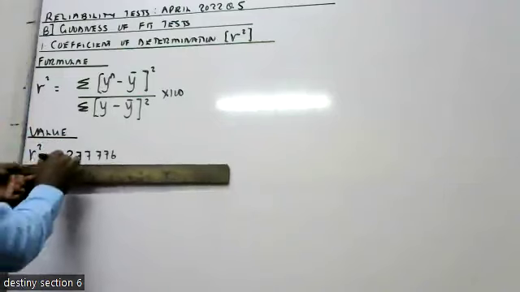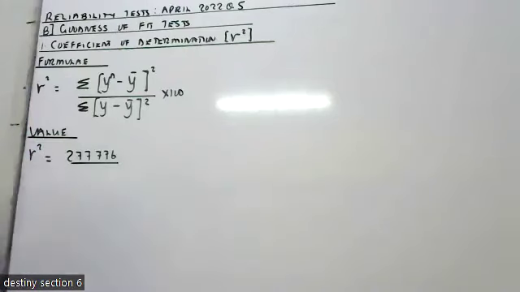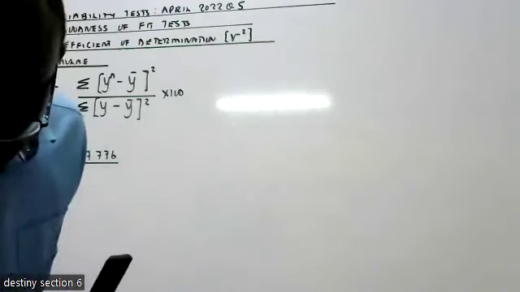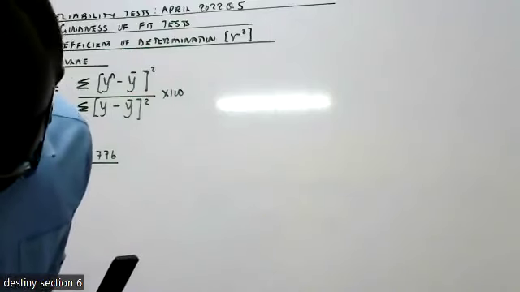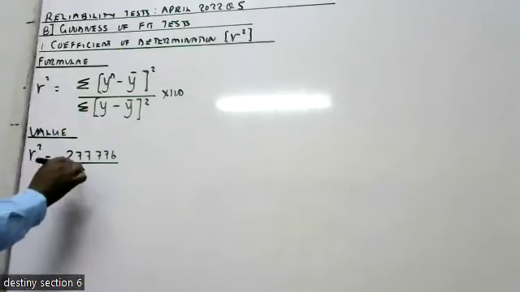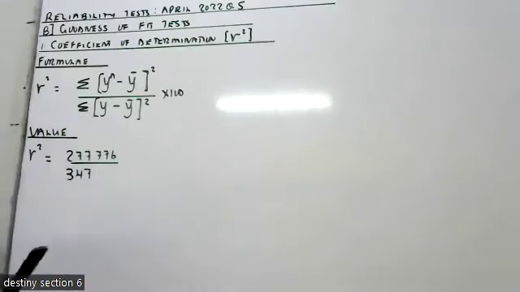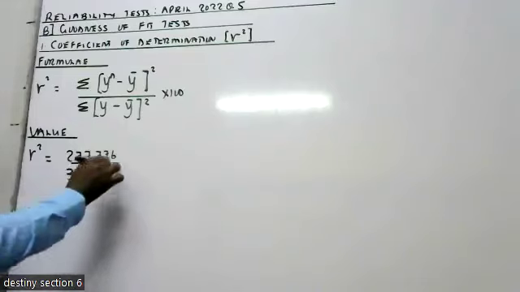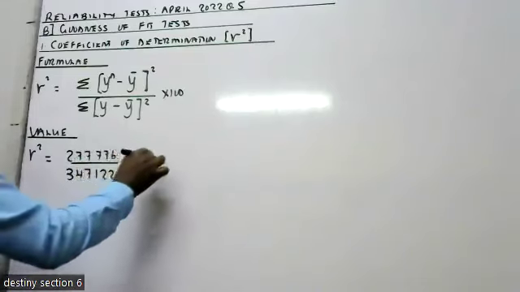You divide by y minus y bar squared, which is 347,122, times 100.